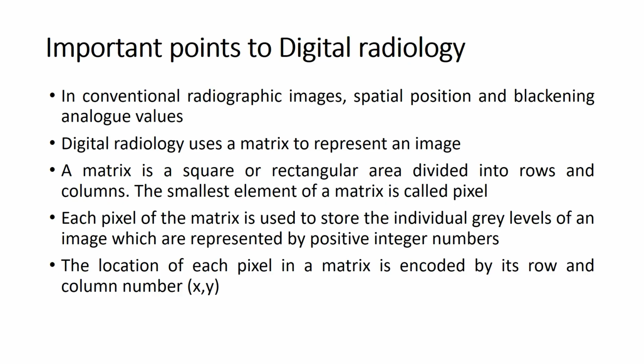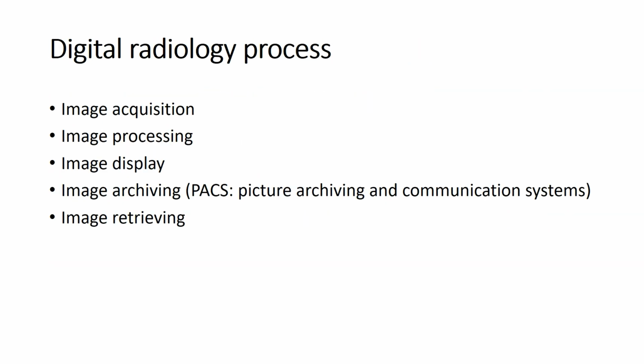Each pixel of the matrix is used to store the individual gray level of an image, represented by positive integer numbers. The location of each pixel in the matrix is encoded by its row and column number. Generally, it is denoted by X and Y.